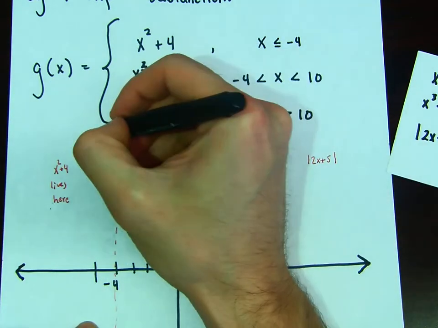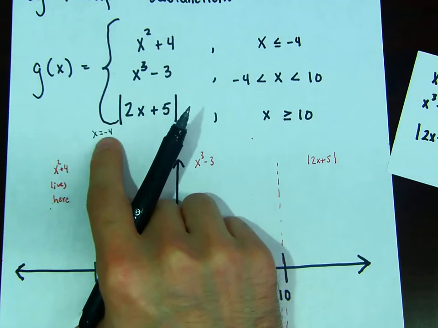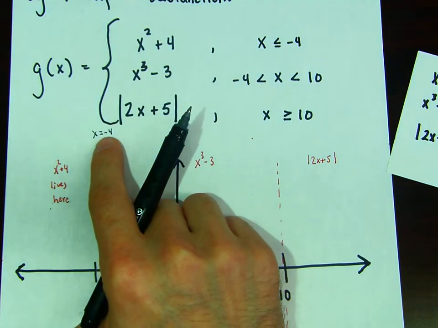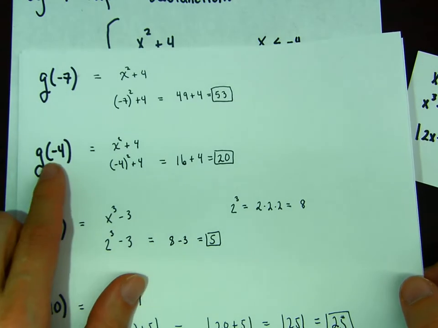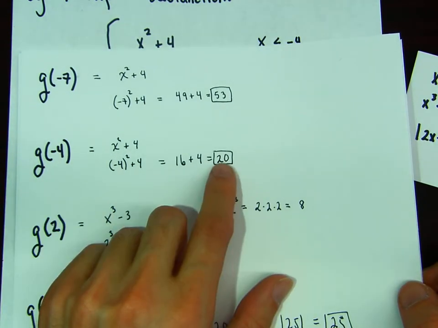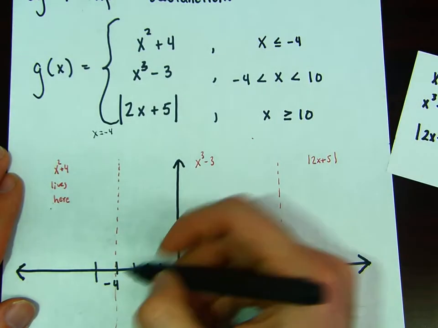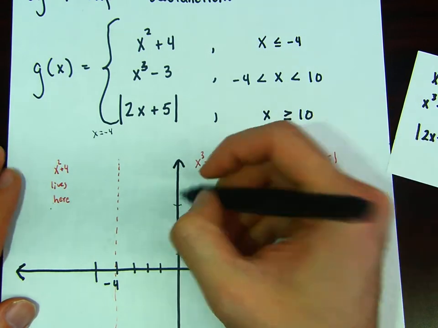So if x is equal to negative 4, what is the y value when x is equal to negative 4? Notice we already did that, right? When we found g of negative 4, what was the y value? It was 20. So when x is negative 4, you go up to, let's say this is 20, right?